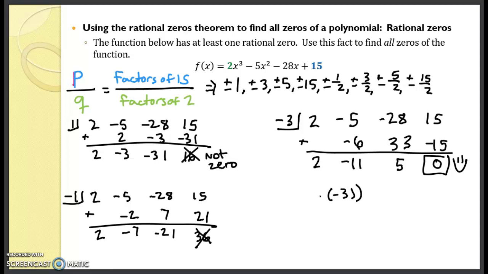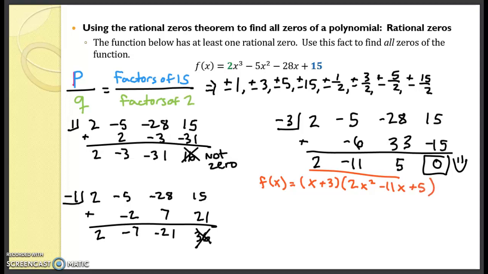But that also tells me that f of x equals x minus -3 or x plus 3 times my quotient that I got from that division: 2x squared minus 11x plus 5.